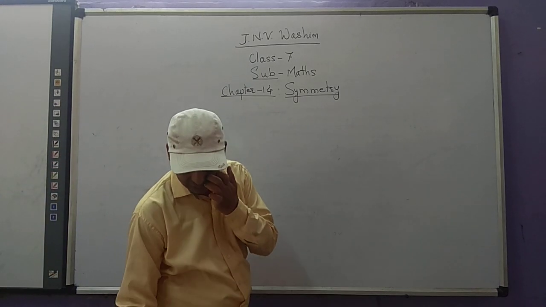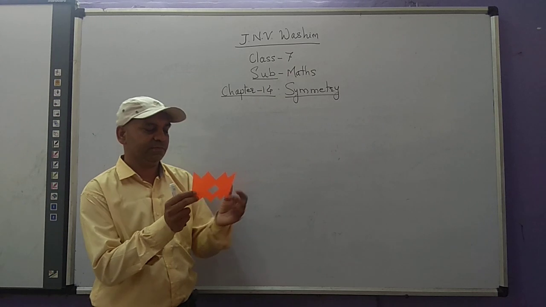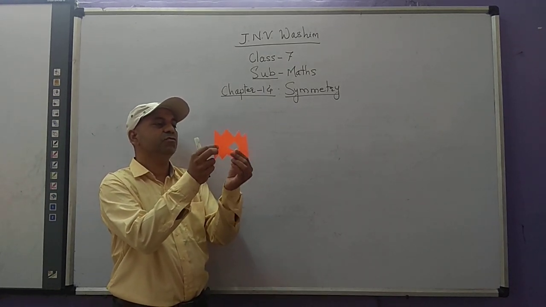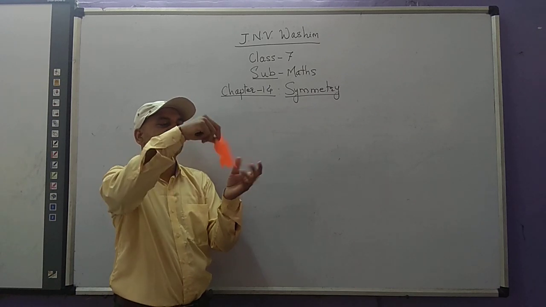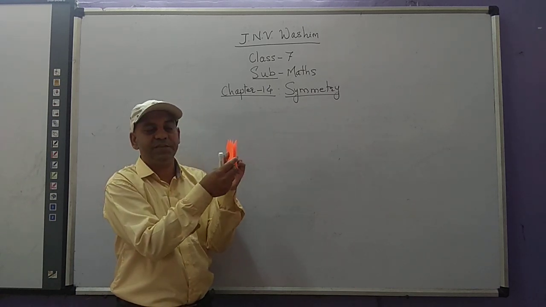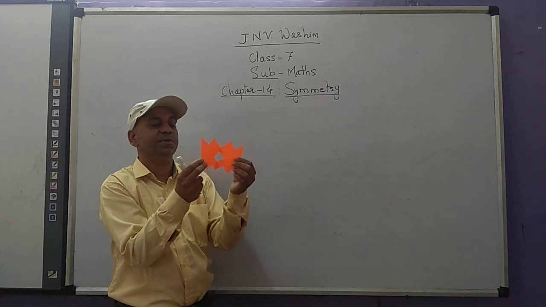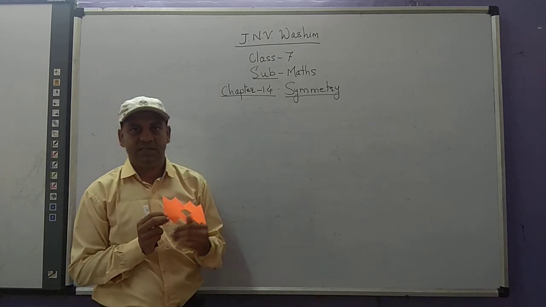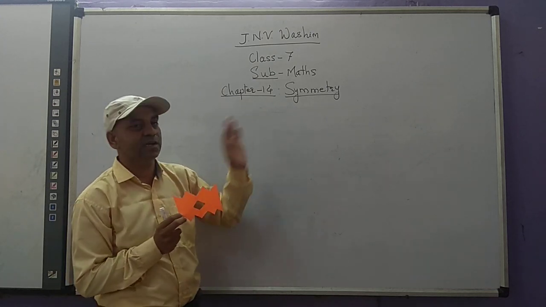Symmetry means, if you take any figure and fold it, these two parts of the figure coincide with each other. When these two parts coincide with each other, it means this figure is symmetrical. There are so many figures around us that are symmetrical.